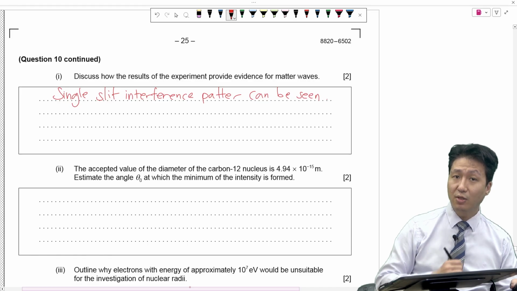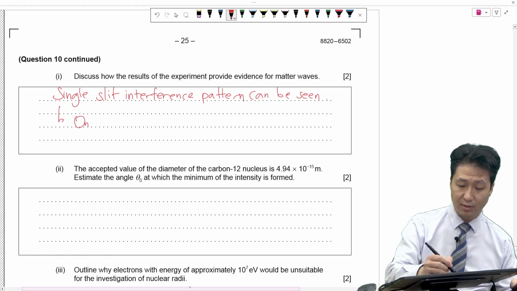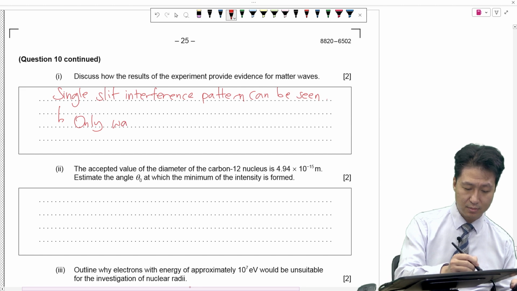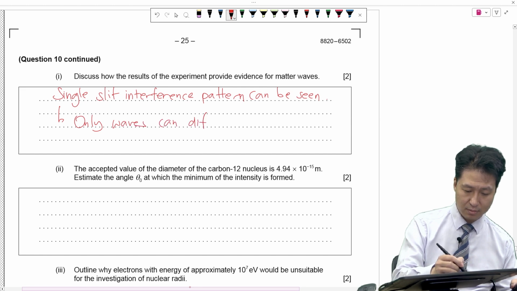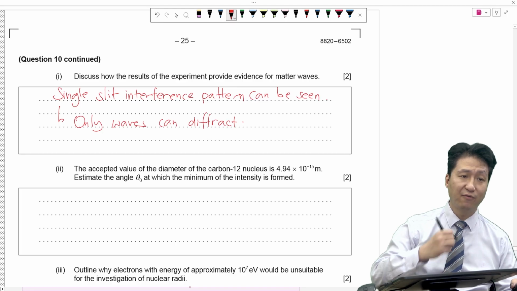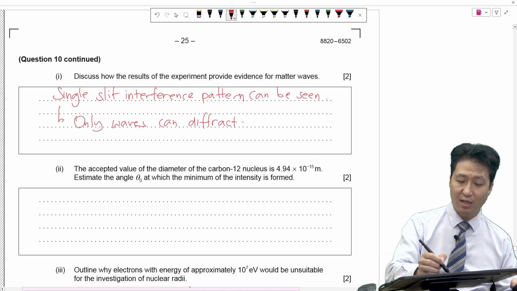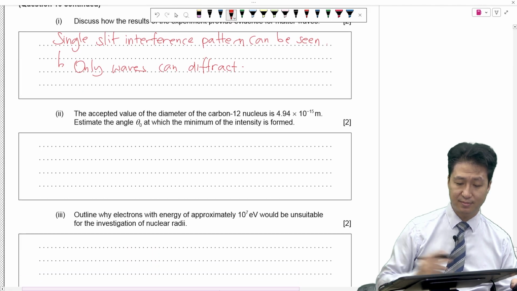And the thing about this is only waves are able to form diffraction patterns. Particles are not able to diffract. Normal particles would not form this pattern here. This must have been caused by the fact that electrons also behave as waves.